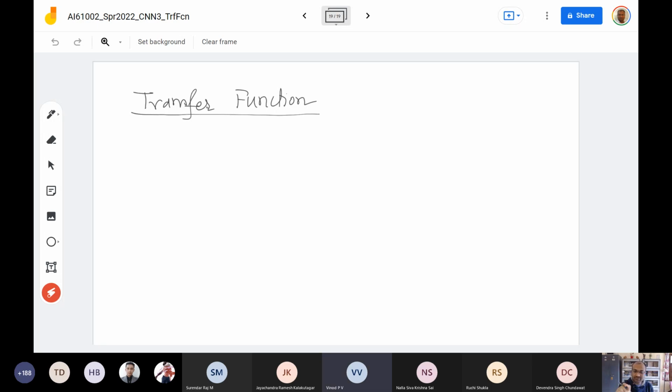I did not say that W1 equals W2 equals W3, or P1 equals P2 equals P3. Each is different, so they are going to learn different attributes. We haven't yet come to the learning part; we are still doing the forward pass. How to tune and modify those weights is something we will get back to.